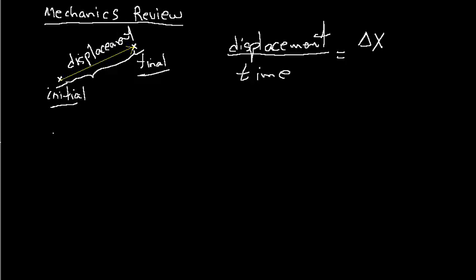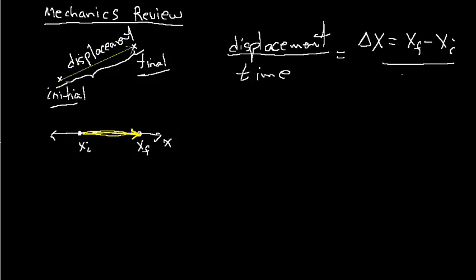So it moves, remember our x-axis over here. An object might be here at some initial position, and it might wind up here a little bit later. And if you want to know the displacement from this point to that point, that vector over there, what you have to say is this change in x is always going to be the final minus the initial position, over the time, which is some change in time, or some delta t, how long it takes.